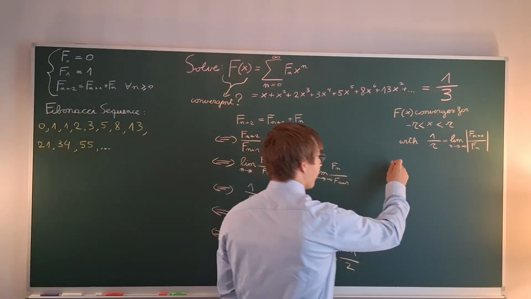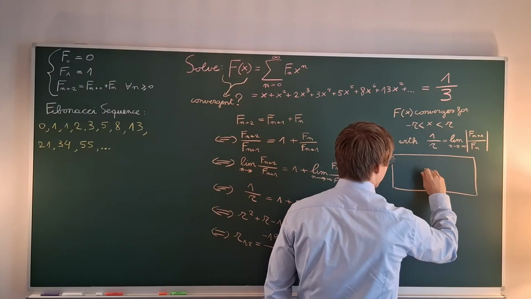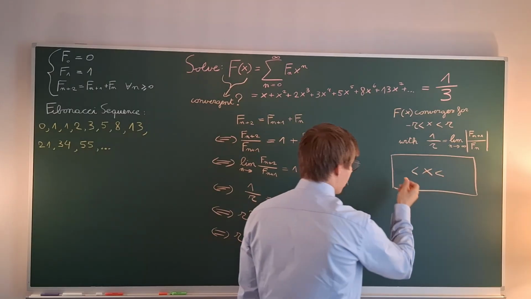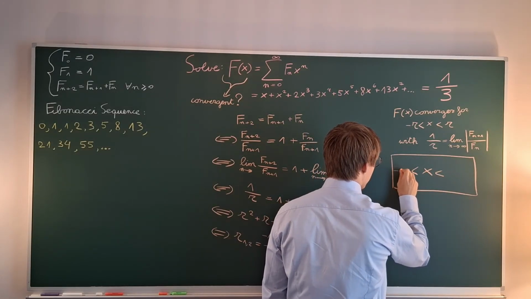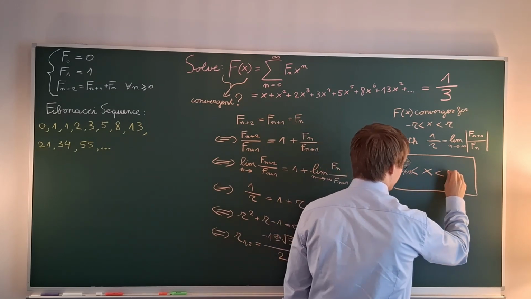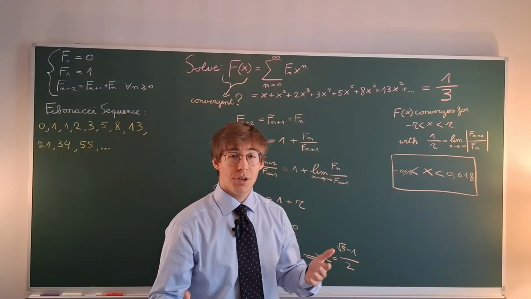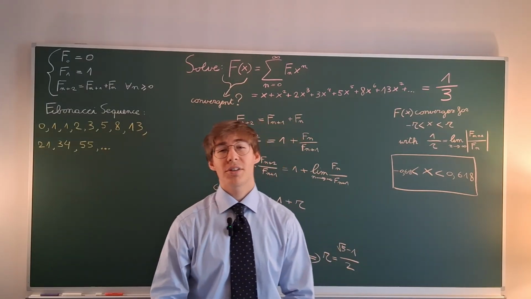And this corresponds to the following possible x values. x has to be between approximately minus 0.618 and 0.618. So now that we know this, we can start with the real solution.